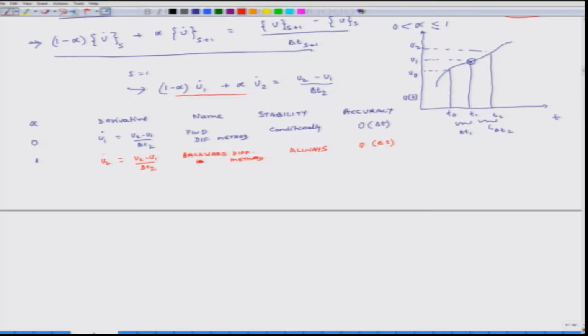What does this mean? This is a little different than the first method. If I use the forward difference method, u2 minus u1 divided by delta t is considered to be the differential of u at the first point. Here it is considered as the differential at the second point.